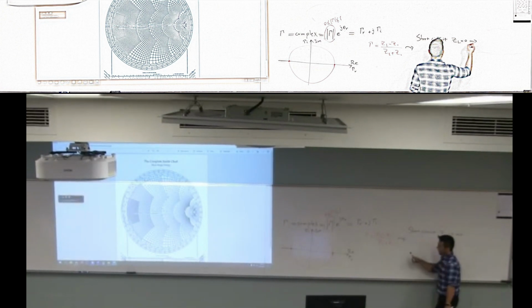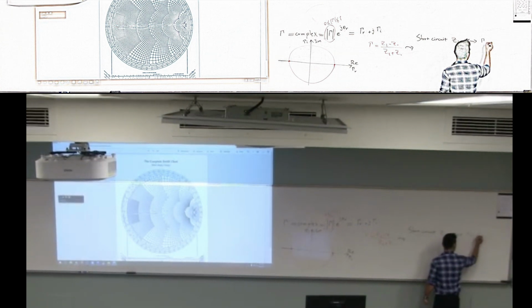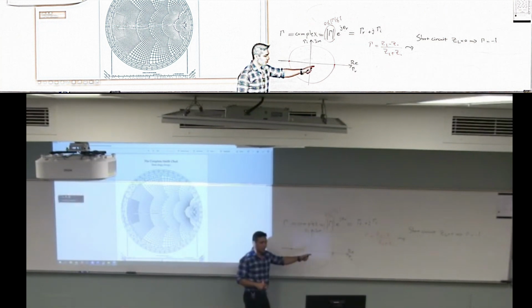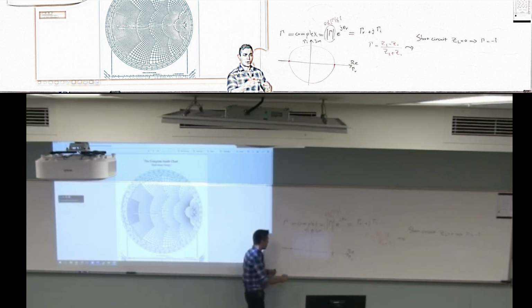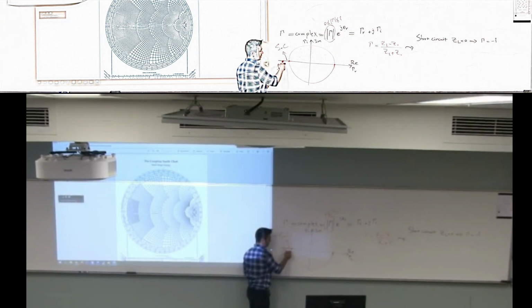This gives gamma equal to minus 1. Gamma equal to minus 1 means it doesn't have any imaginary part, and its real part is equal to minus 1. So this point is short circuit. This is gamma equal to minus 1.